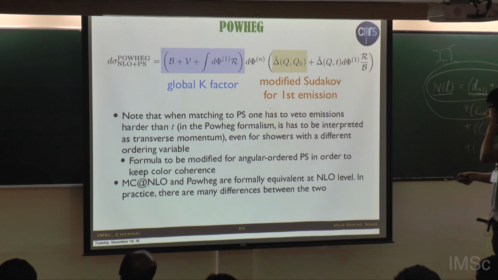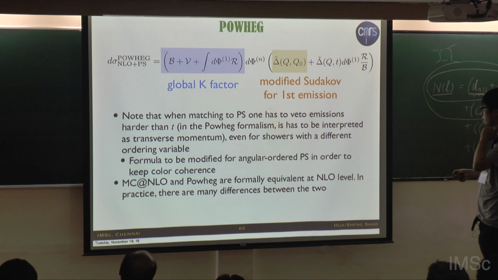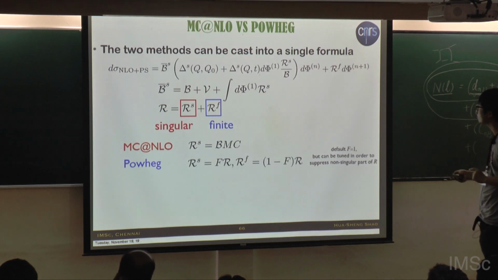And the formalism should be modified if you are showering with an angular-ordered parton shower, in order to keep the coherence. The two approaches are formally equivalent at next-to-leading order, but in practice there are many differences between the two.